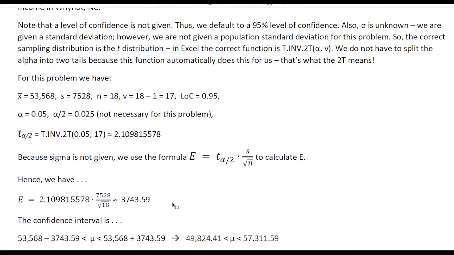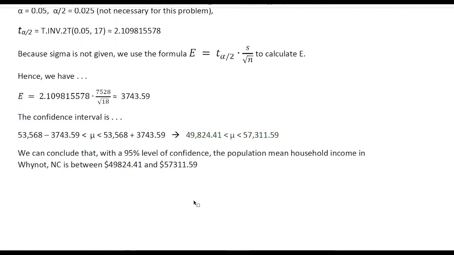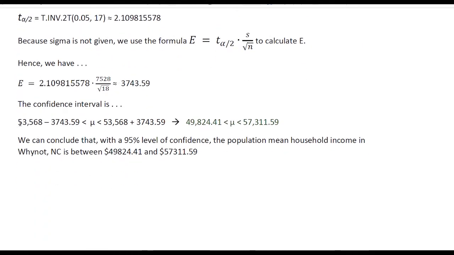3,743.59. The confidence interval is, we take the sample mean that we were given in the problem, which is 53,568, and from that we subtract the 3,743. It's less than mu, and then we do the same thing with addition, and we get the mean household income, the population mean income.